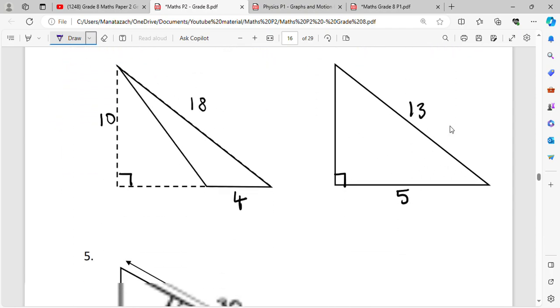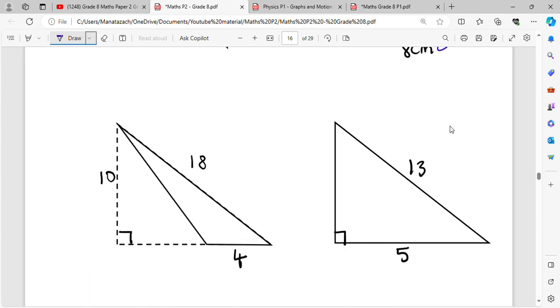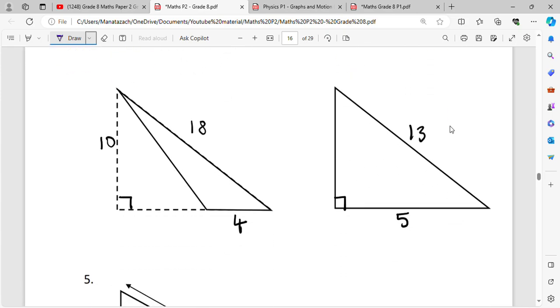And then let's come to question C. So this should be question C, this triangle. So in this case, we have a base which is 4. And then when we extend the line of the base, you'll see that the height of this triangle is 10 because of that 90-degree intersection.